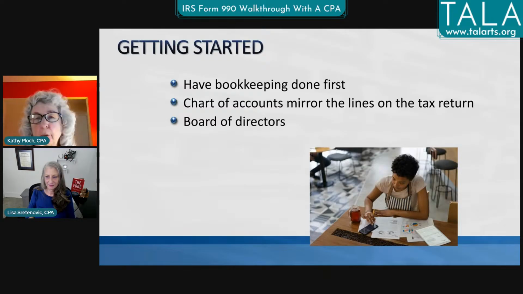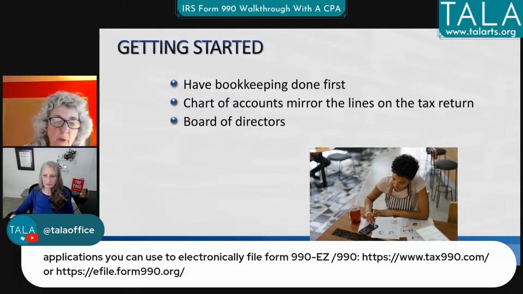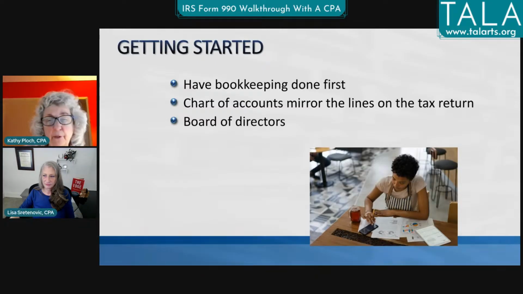I did Google some of the 990 e-file tax preparation software companies, and Tax990 is one that's just under $100. It includes all the required schedules. There's a free retransmission if the return gets rejected.